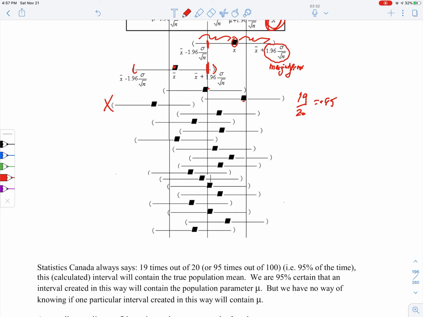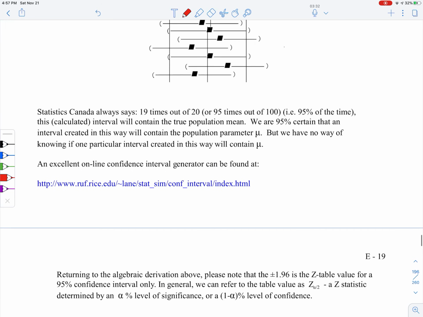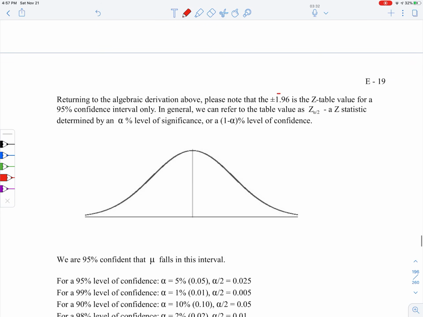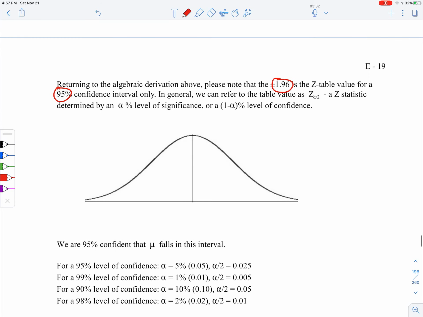The size of the margin of error, though, depends on this guy right here, the 1.96, which is specific to a 95% confidence interval. So, returning to the algebraic derivation above, please note that the 1.96 is the Z table value for a 95% level of confidence.